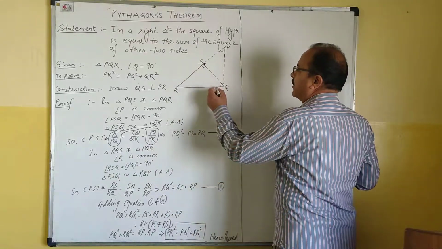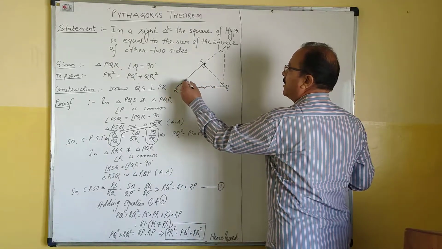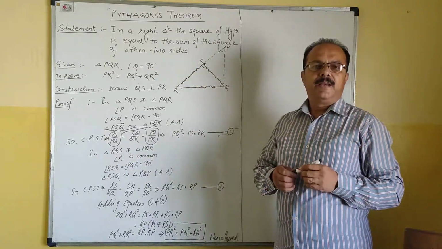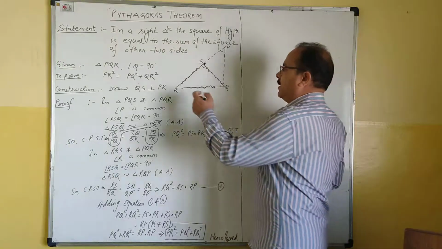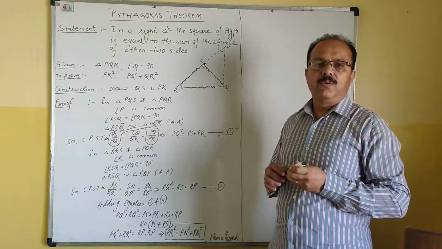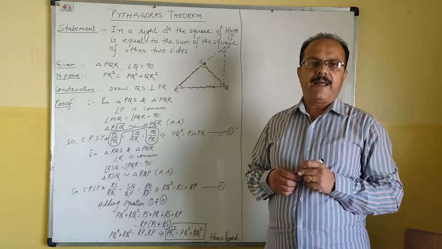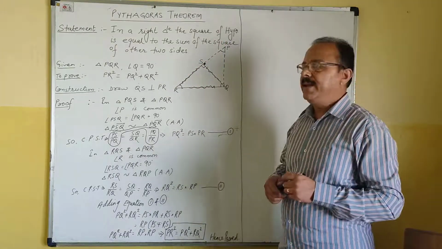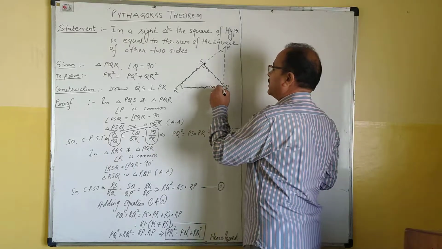Now the time for the small triangle and the original triangle. Same proof. This is the angle which is common to both the triangles: angle R is common to both triangles, for the smaller one as well as the bigger one.